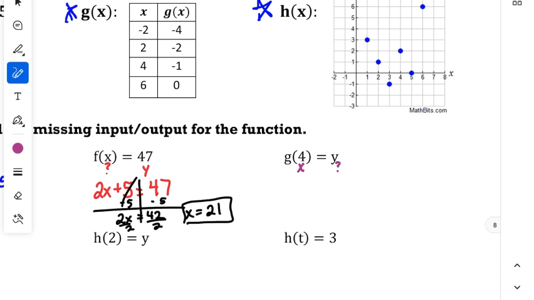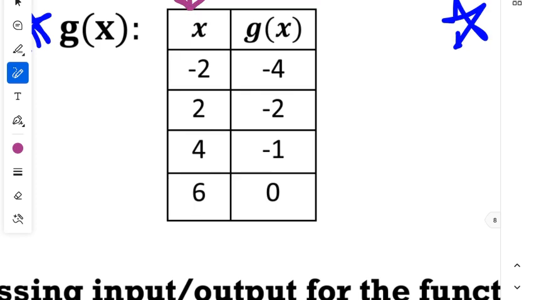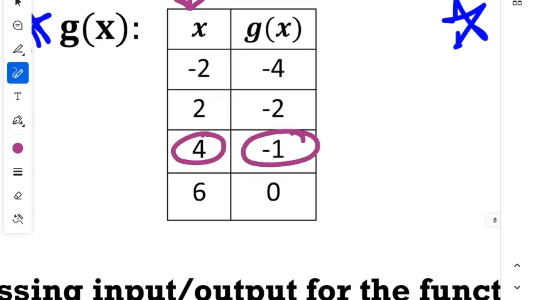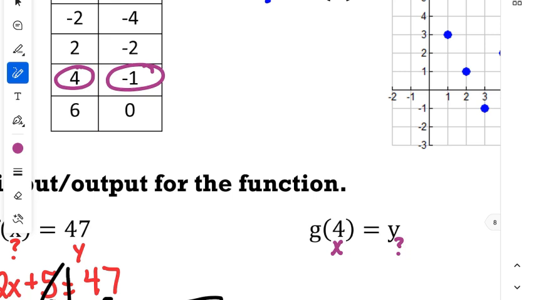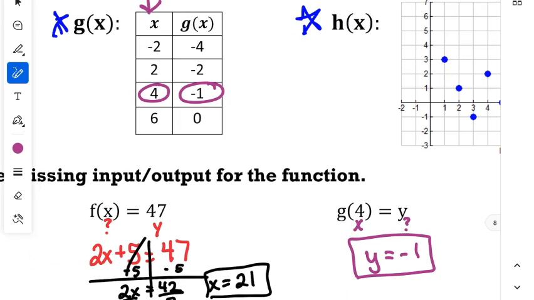So when x is 4, so look on the x column. When x is 4, what is y? -1. So the table is actually pretty easy. It's kind of like matching. So when x is 4, y is -1. So we can say y equals -1. So that's for a table.